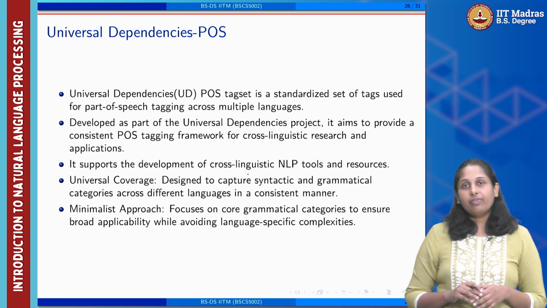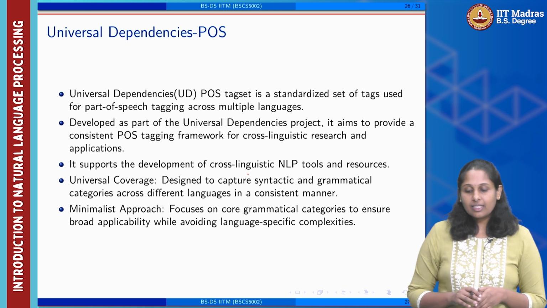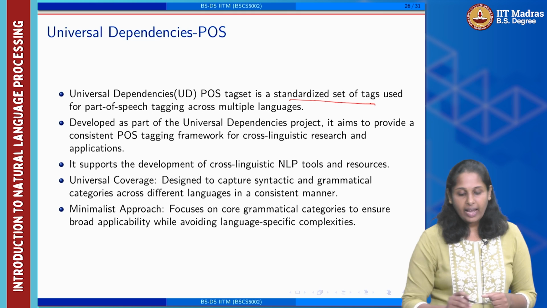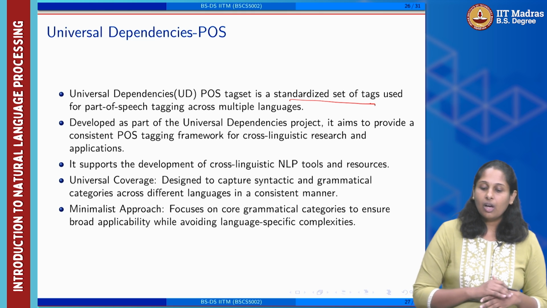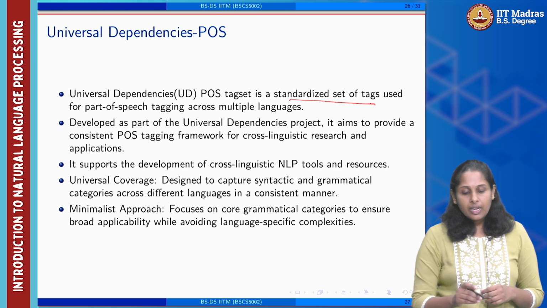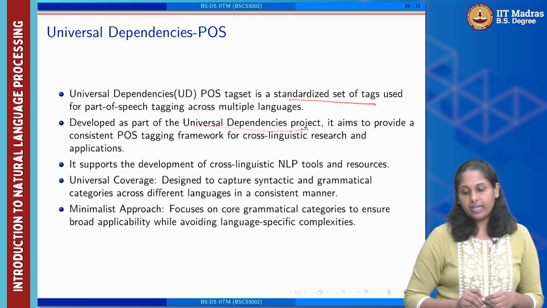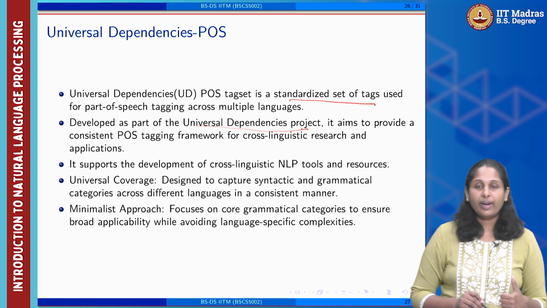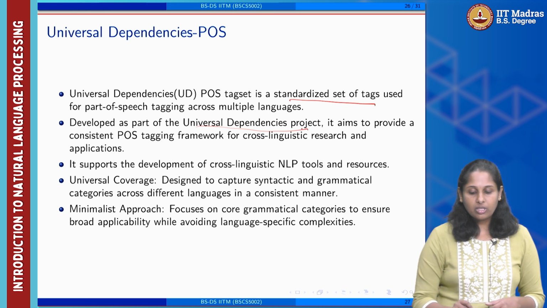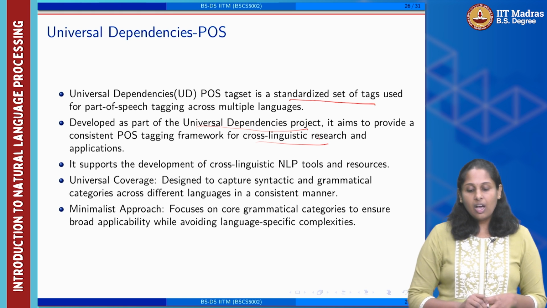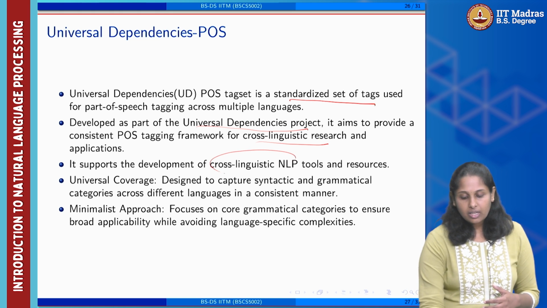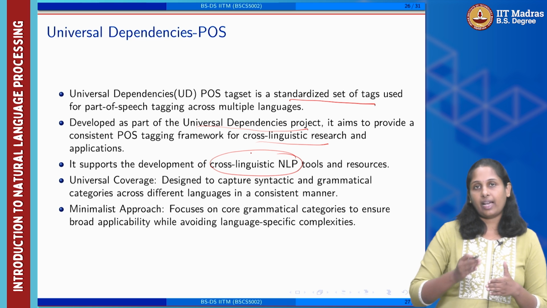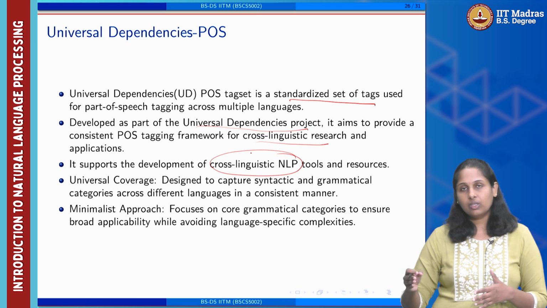So the second type of tag set is Universal Dependencies. It's a standardized set of tags used for part of speech across multiple languages. It's developed as a part of the Universal Dependencies project, and it provides a consistent POS tagging framework for cross-linguistic research and application, especially if you want to have a similar tag set parallelly across languages.